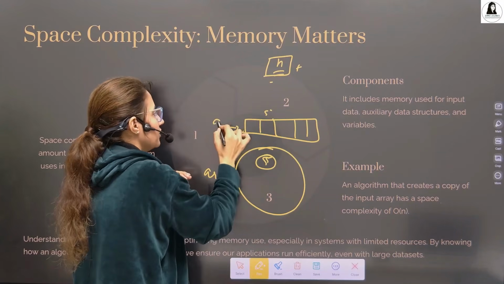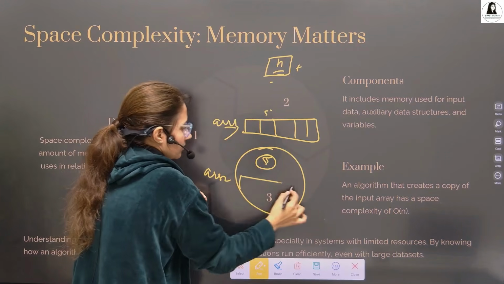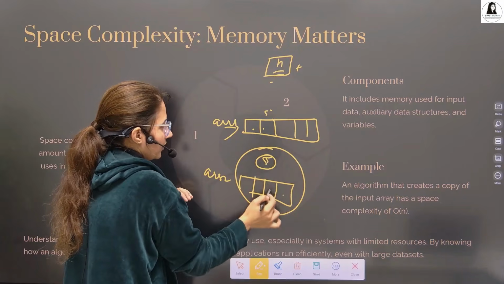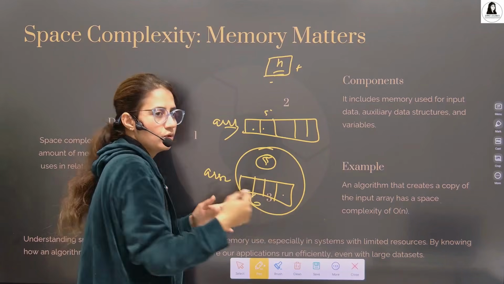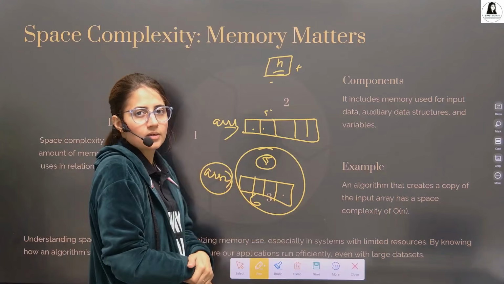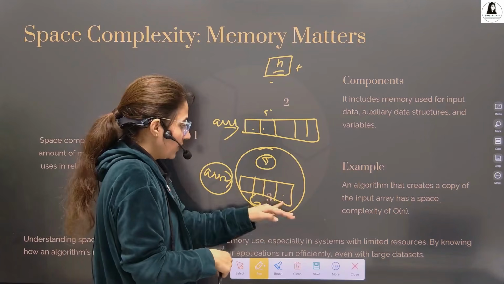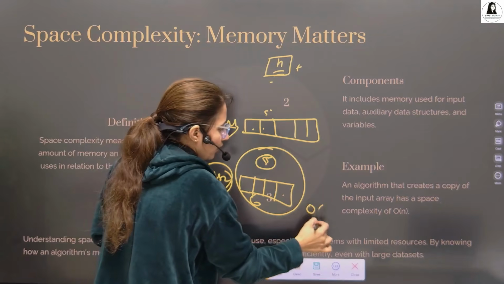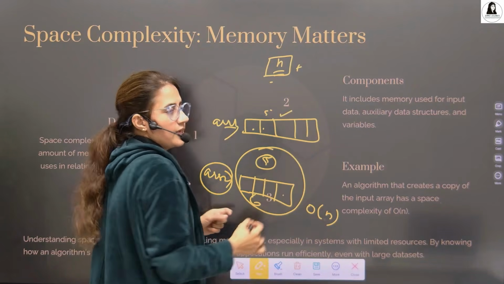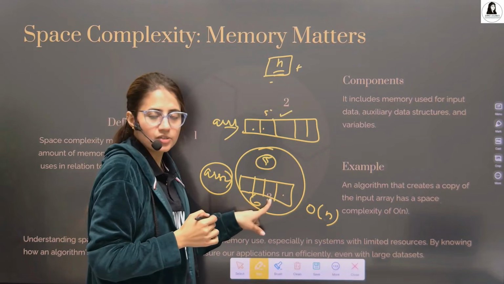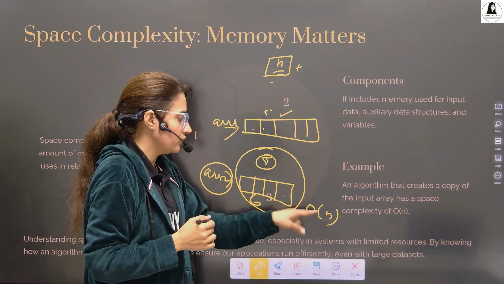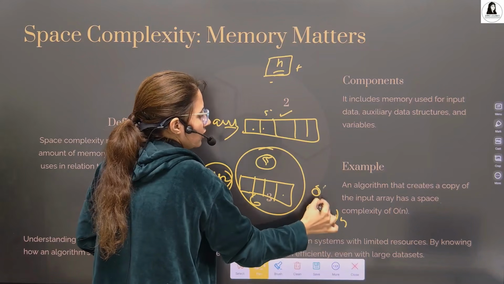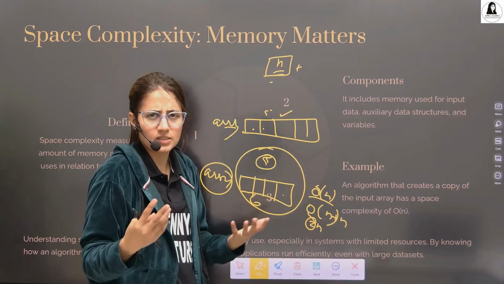To reverse this, you put this element here, this element here, and like this you reverse the array. So you have taken an extra array, one more n. So it's n plus n, it's 2n. Ignore the constant. It's order of n.